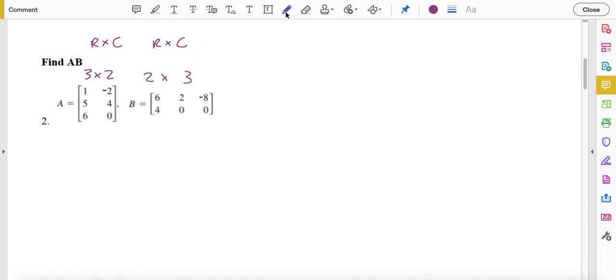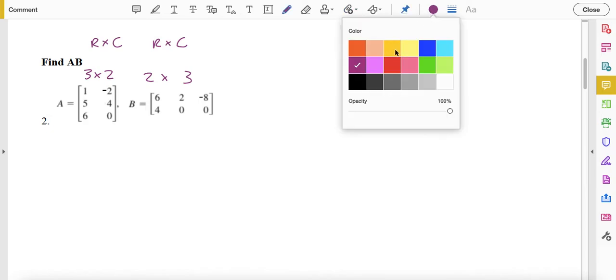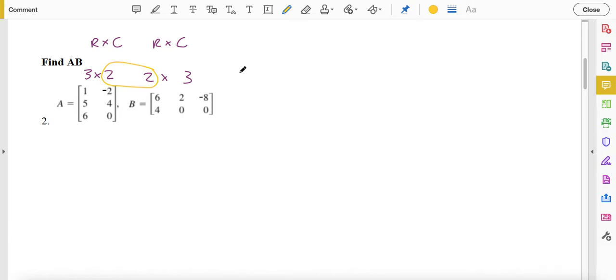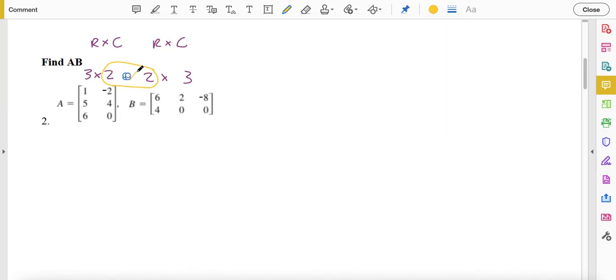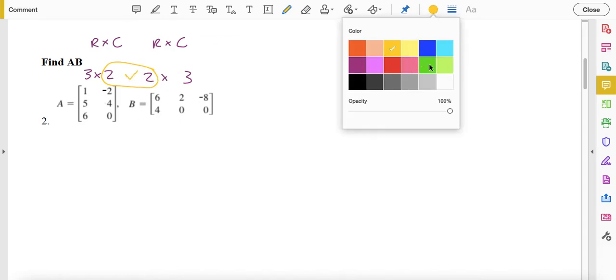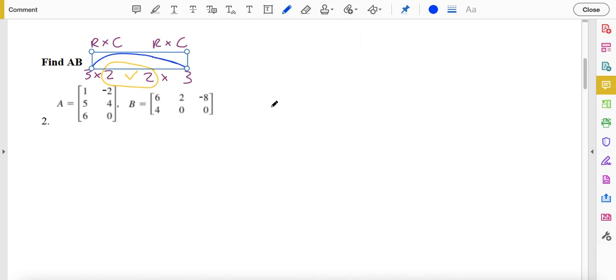So we know this is even possible to do at all because these two numbers, the 2's, are equal. That has to be true for us to be able to multiply at all. So that's true. And then we know our solution matrix is going to be a 3 by 3. The remaining numbers tell us what it is.